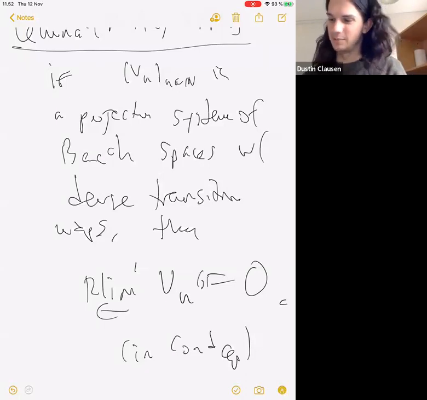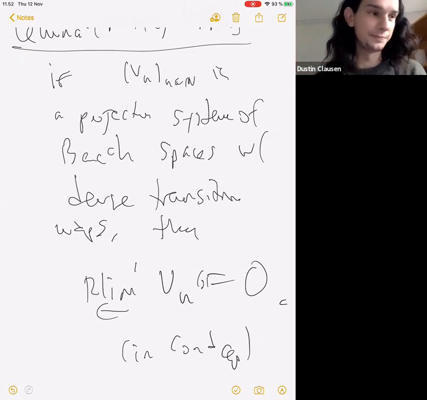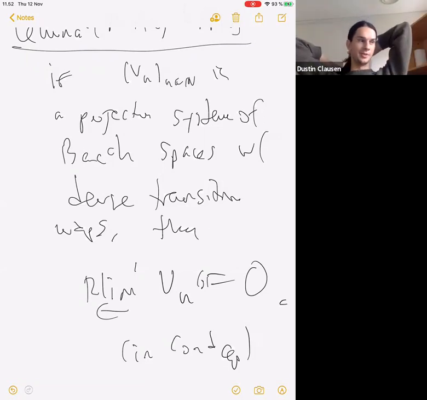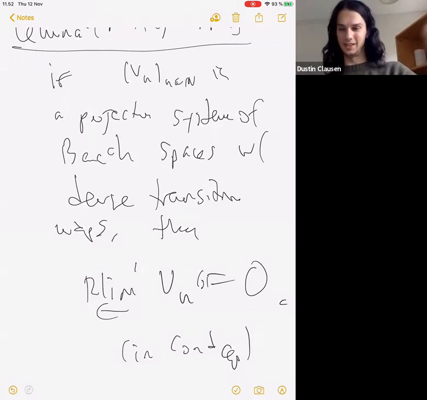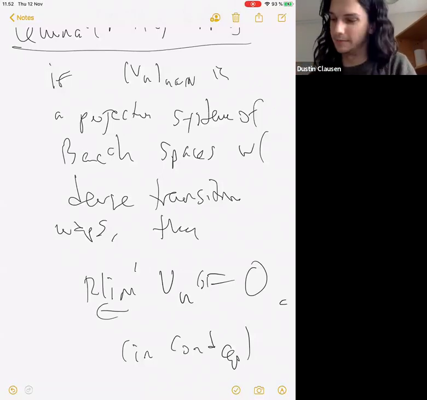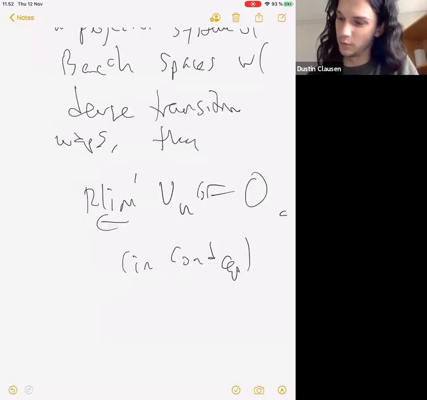If Vn is a system of Banach spaces with dense transition maps, then when you take continuous functions from a profinite set to that, you also get an inverse system of Banach spaces with dense transition maps, with respect to the sup norms, for example. The locally constant functions are dense in the continuous functions, and for locally constant functions, it's easy to reduce the denseness to the case of constant functions, which was the hypothesis. So basically the Mittag-Leffler argument also works in the condensed world.